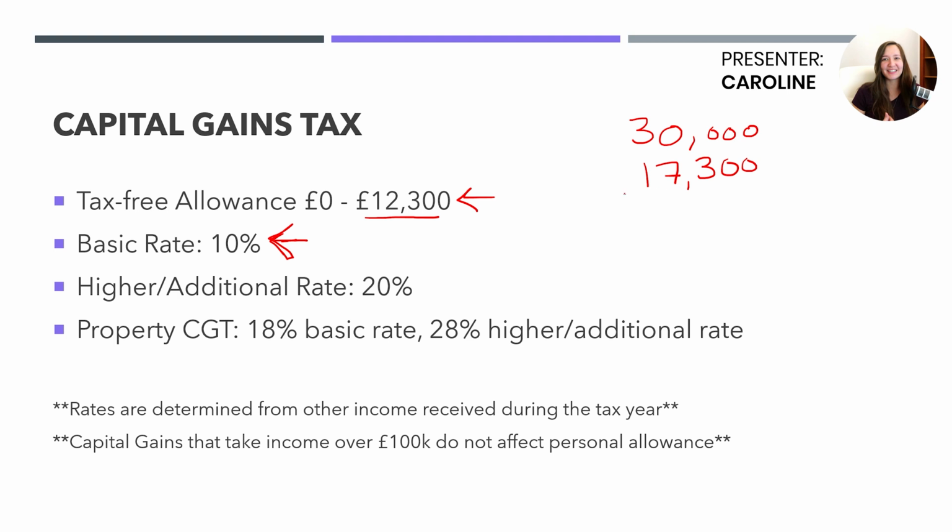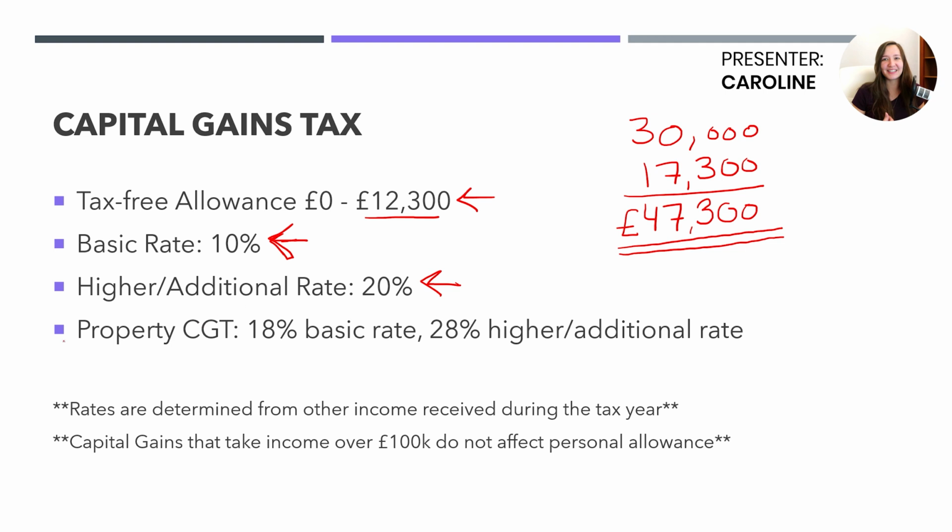So if we add these two together, we get £47,300, which is under the higher rate tax threshold, and that means you would pay 10% on the £5,000 capital gains over the tax-free allowance. And if the capital gains are reported where you've already got income up to the higher rate tax threshold, so anything else will be in the higher rate, then you have 20% tax on those gains.